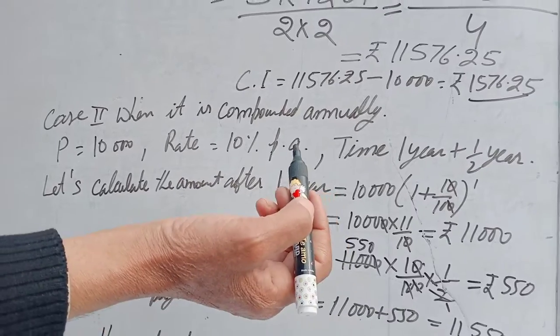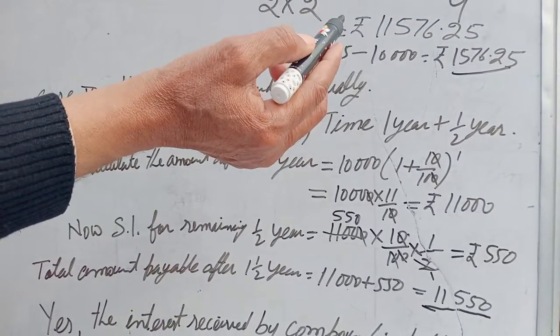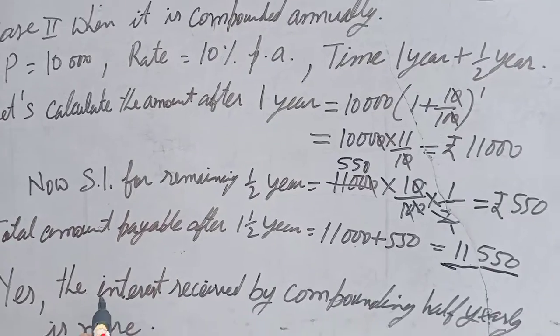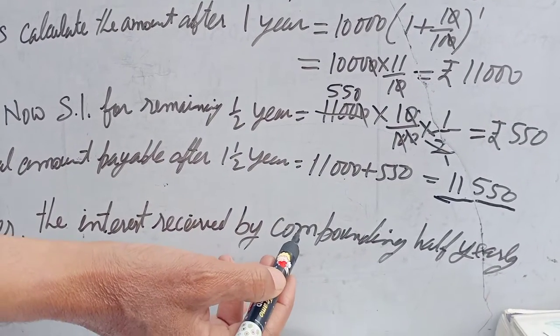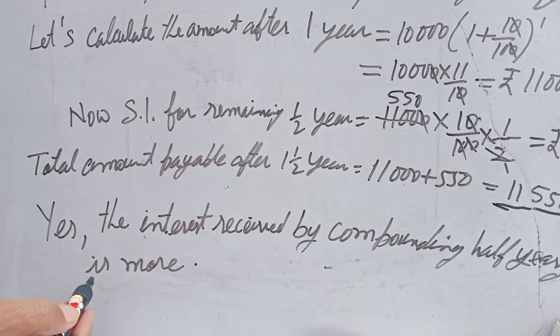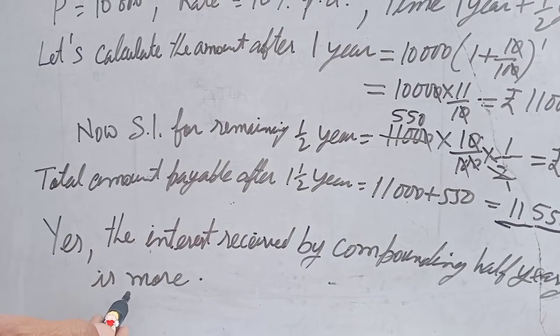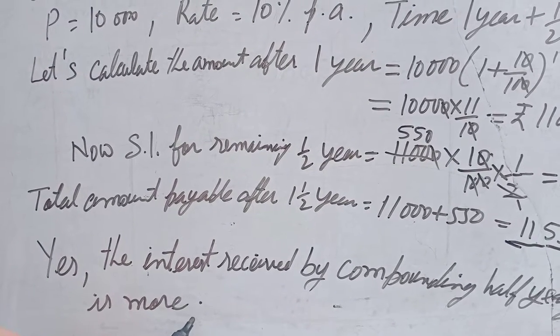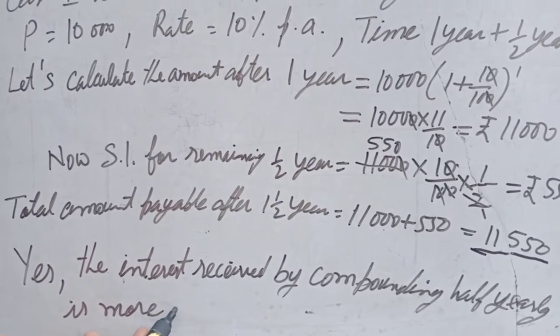So we come to know that the interest received by compounding half yearly is more. Okay, and that is what we were to calculate.